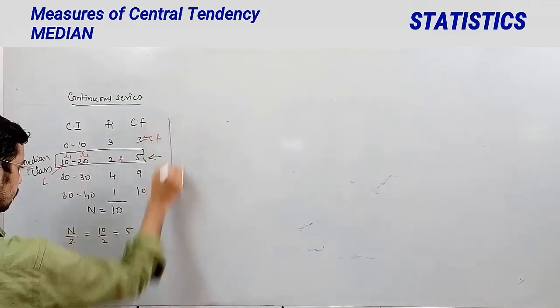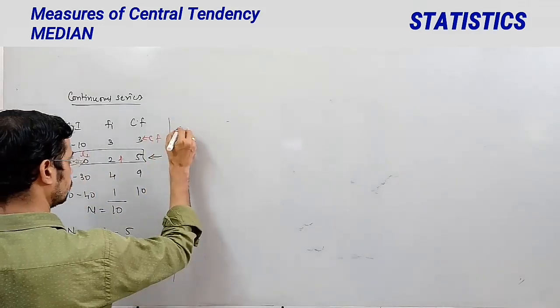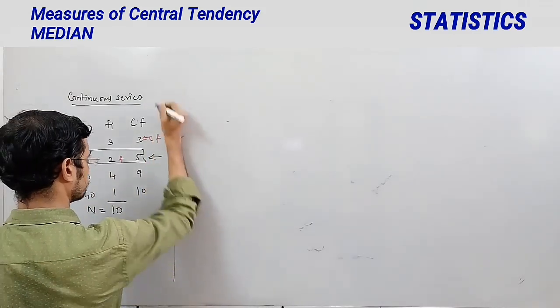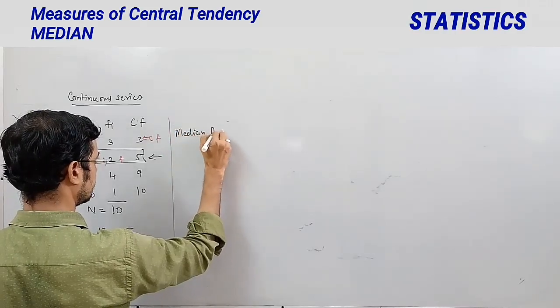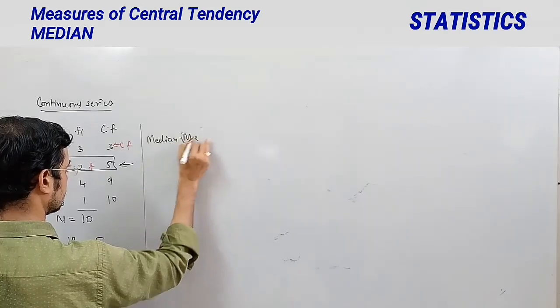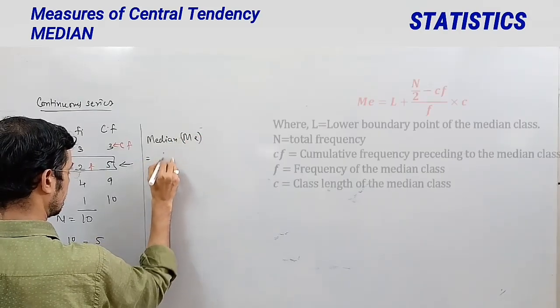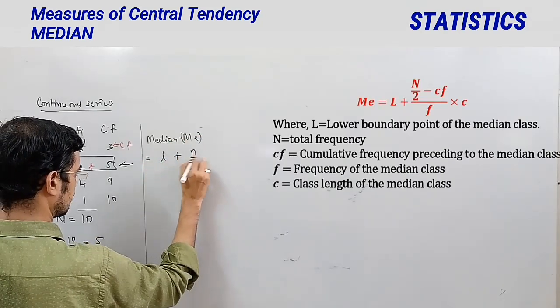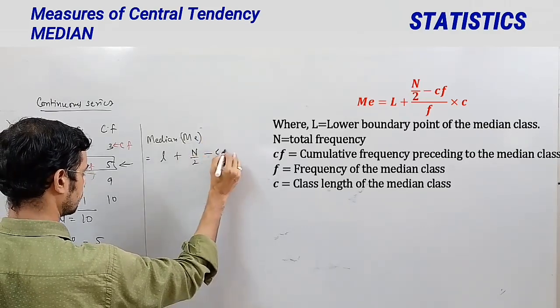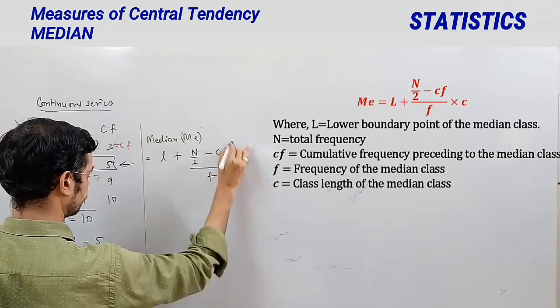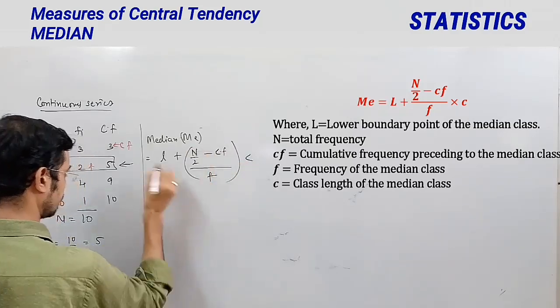So the formula is median ME is equal to L plus (n by 2 minus CF) divided by F, into C. What is L?